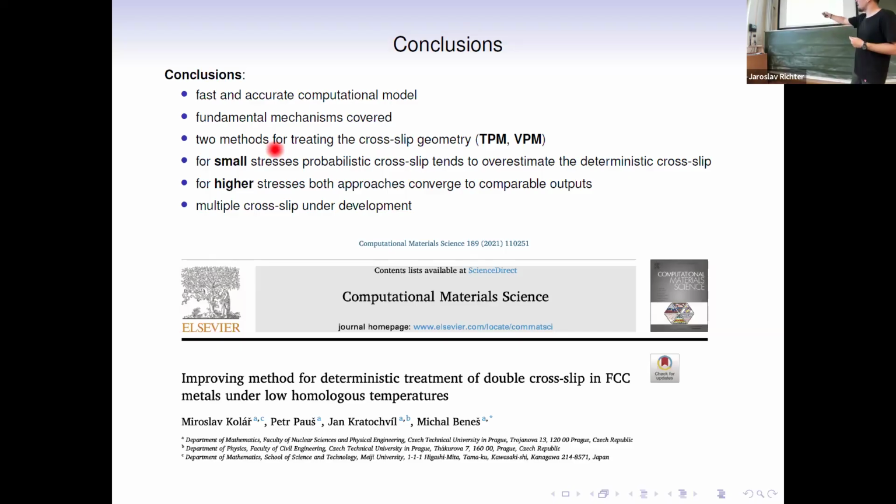The latest topic we are working on, unfortunately now without Professor Kratochvíl, is related to multiple instances of the cross-slip, making some pattern formation and creating a staircase structure. So we see how far we can go. Thank you very much.